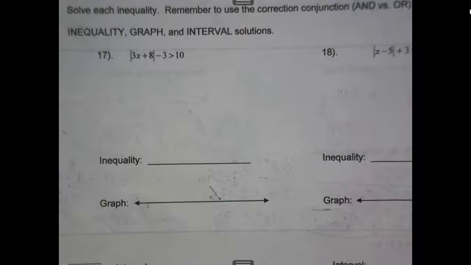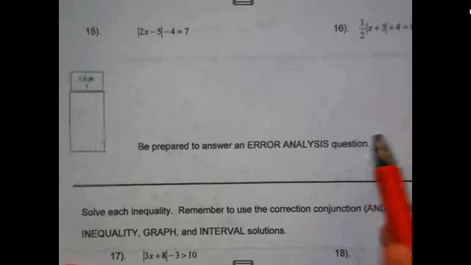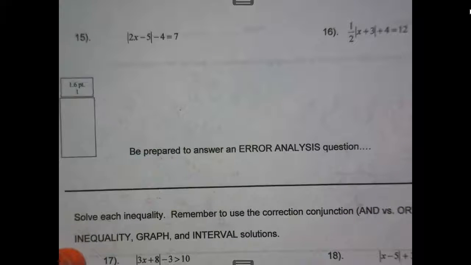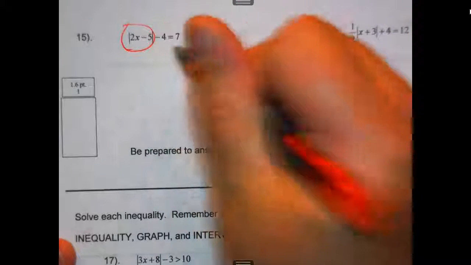You can skip it. So is 17 and 18. Actually, 15 and 16 are easier because you don't have to worry about and or. Absolute value, make sure it's by itself first. Add 4 to both sides.